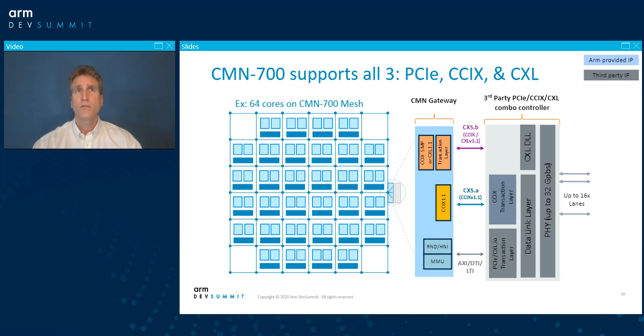So from one cross point, one can connect to, say, an RN-I for PCI Express, the legacy CCIX gateway, or a CXL gateway, and they share the same PCI Express lanes. And now this same cluster of activity can be replicated with address hashing and mesh support and aggregation for load balancing across multiple gateways.